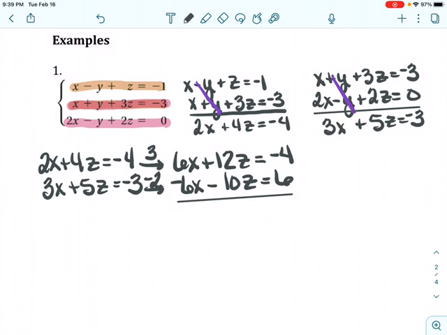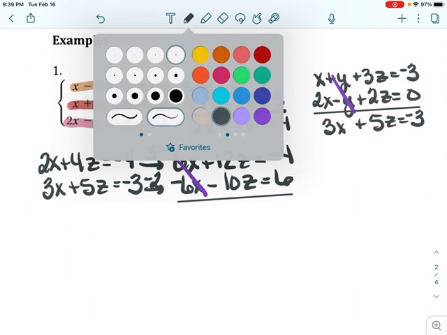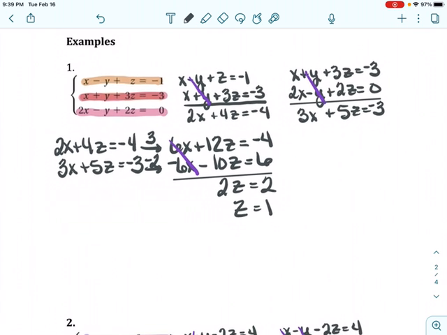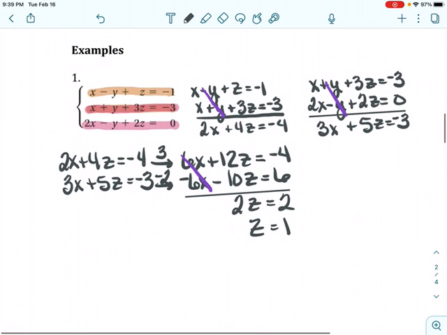Okay. All right, so now I'm going to add those 2 equations together. The x's are going to cancel out. I'm going to add, so that gives me 2z is equal to 2, z is equal to 1. Well, that worked out. Now I'm going to be able to come over and pick one of the first 2, one of the 2 I just used, to find x.